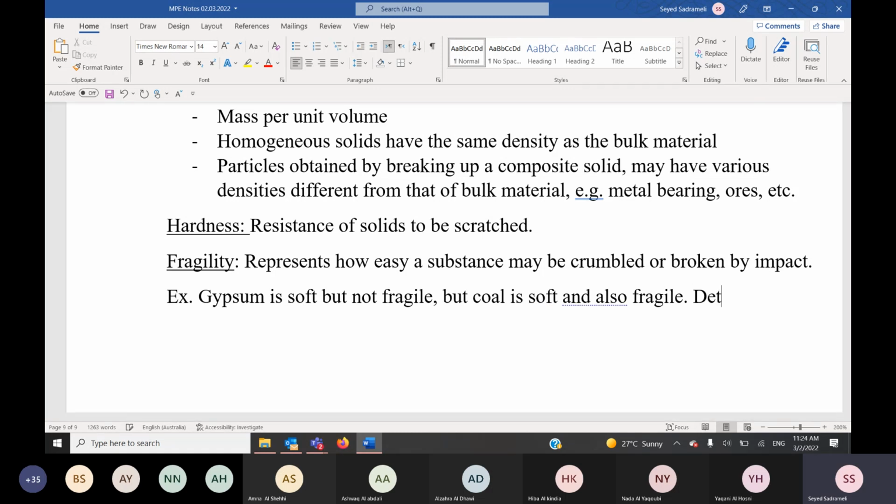Detergent powder is fragile too. So you can make small pieces out of the particles.